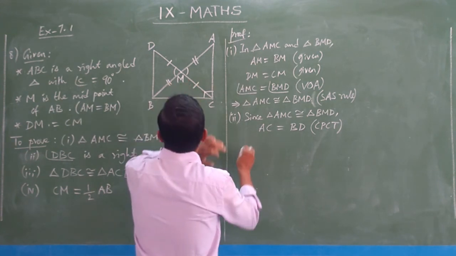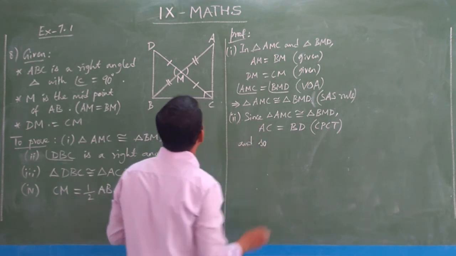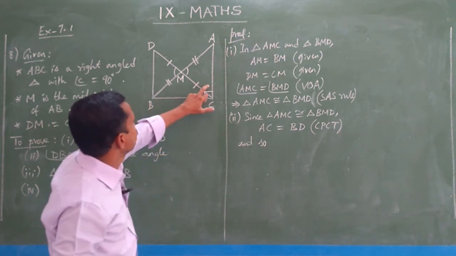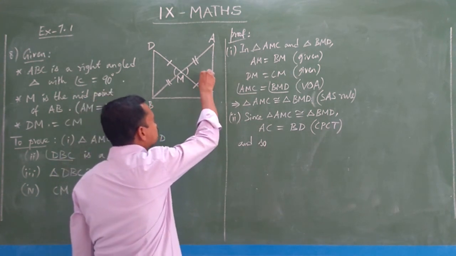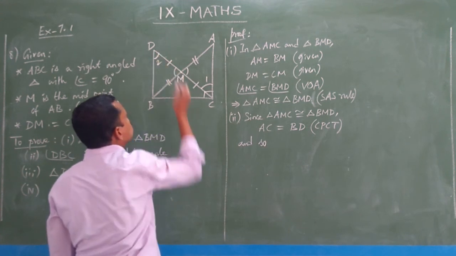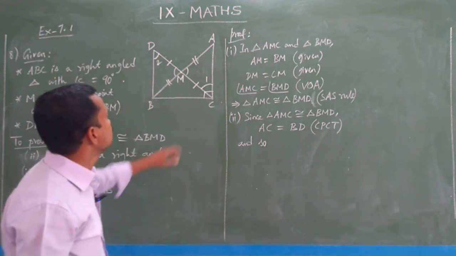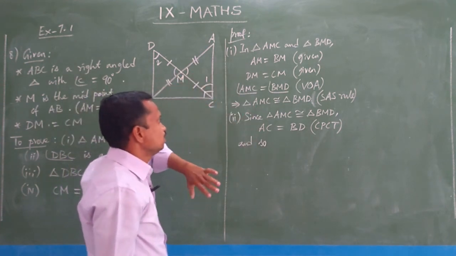So for that, I am taking these two triangles are congruent, and so this angle, I am naming as 1 and this angle I am naming as 2 for your better understanding. These two triangles are congruent. We have proved already.